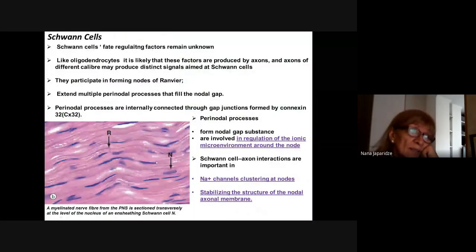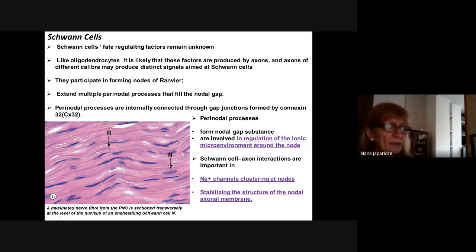Here is a tissue sample, fixed, sectioned and stained. And you see here nodes of Ranvier. Here, look, nodes of Ranvier and nucleus of Schwann cells.